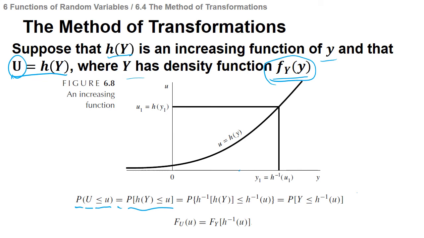Since this is an increasing function, the inequality does not change, and this is the probability of y less than or equal to h inverse of small u, which is F of y at h inverse of u.